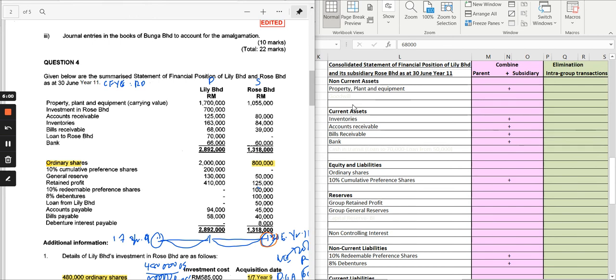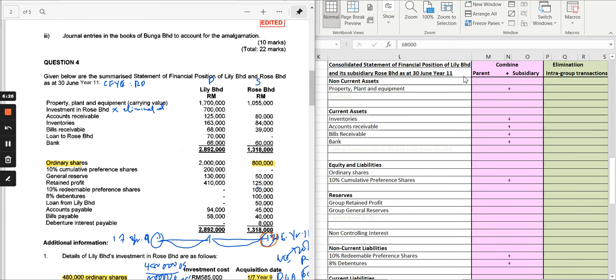What we're going to include here is the assets except the investment. So the investment in Rose will not be included in our blank template, because the investment in Rose is the investment in the subsidiary, which is going to be eliminated against the cost of investment, and that will not be reported.